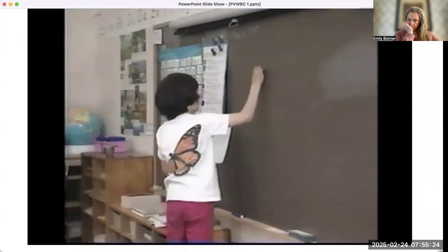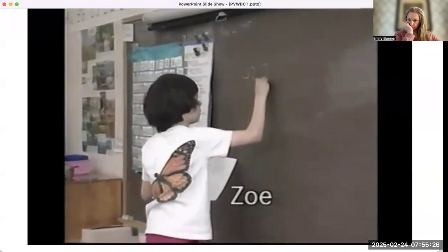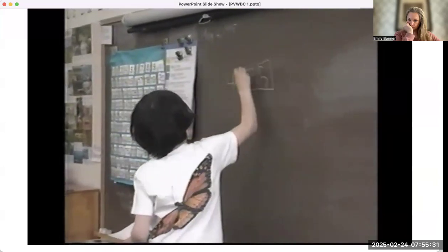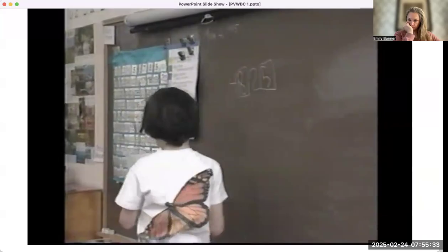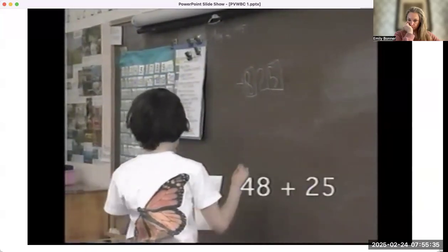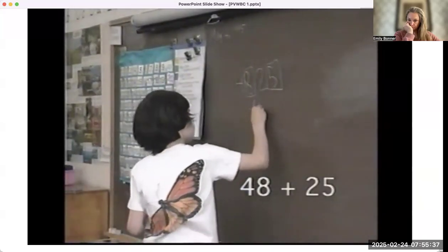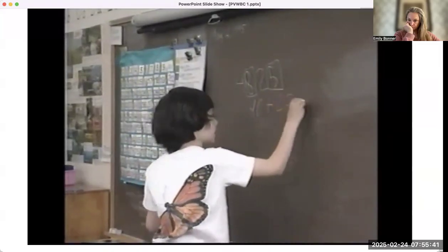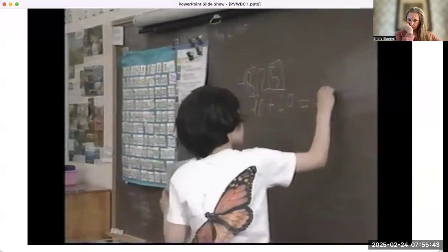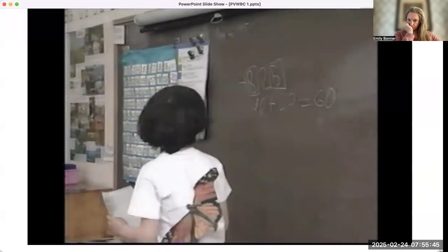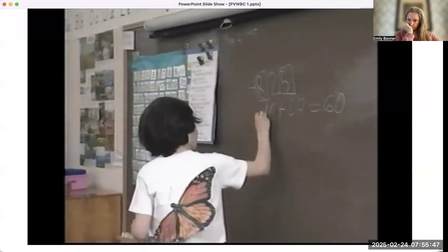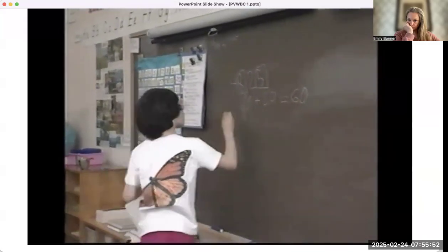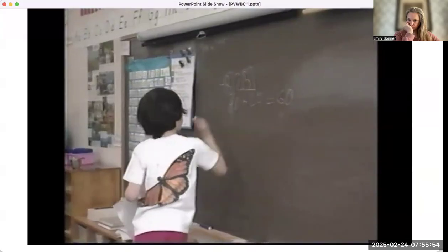First I wrote 48 and 25. Okay. Then I put these two in the save box. Then I did 40 plus 20 equals 60. So we can write it a little bit clearer so we can all understand it. Okay.